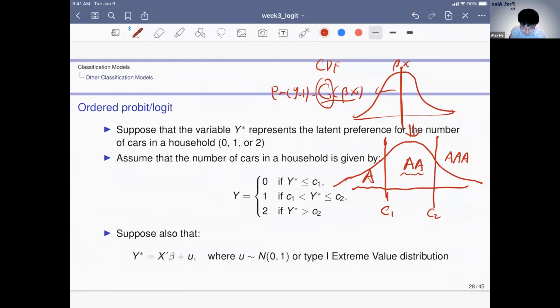Or if there are very few AAA, let's say that's very hard to get, then you would want to choose this C2 cutoff to be very high. So these cutoffs are entirely chosen by us, and we will need to estimate them.